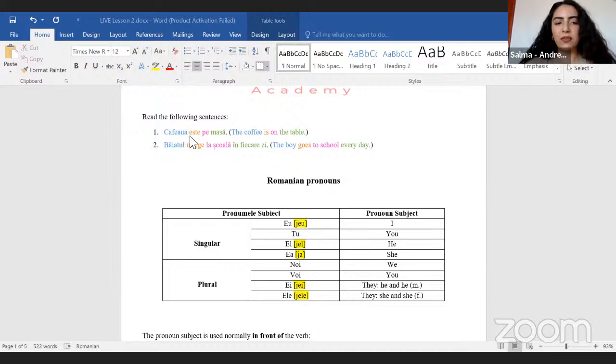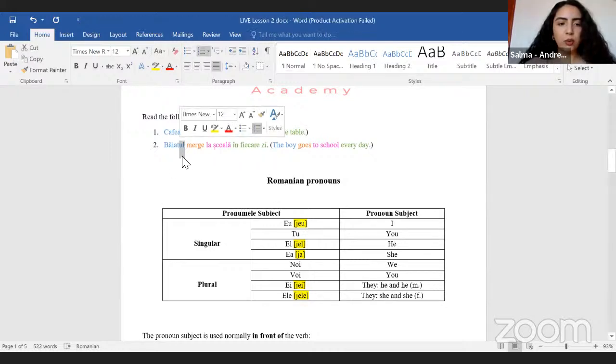So we have cafeaua. If we were to say the boy, we would say băiatul. We have ul at the end, which is a marker of the definite article. All right, we have here, băiatul merge la școală în fiecare zi. Băiatul, here ul is the definite article that is attached at the end of the word.